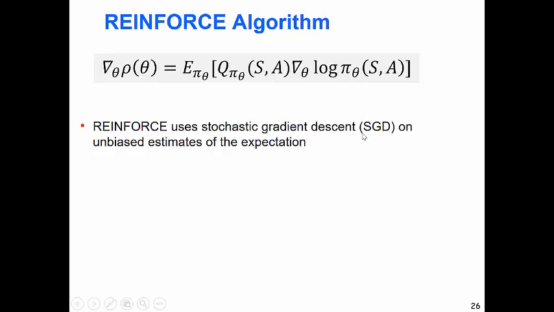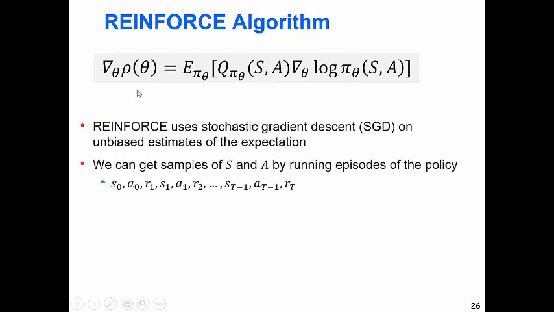Basically, it uses stochastic gradient descent on unbiased estimates of Q using Monte Carlo estimation. So this is going to be fairly straightforward. We can get samples of S and A by running the policy. This is how we're going to index it. Notice here we use capital letters because these are random variables. These are lowercase letters because they're specific values that we get when we run the policy.